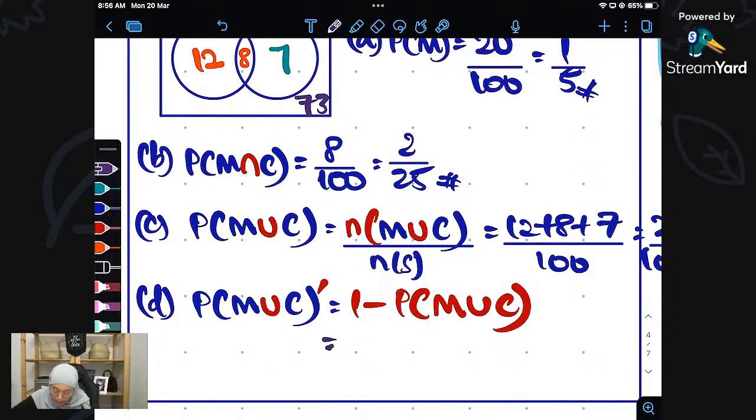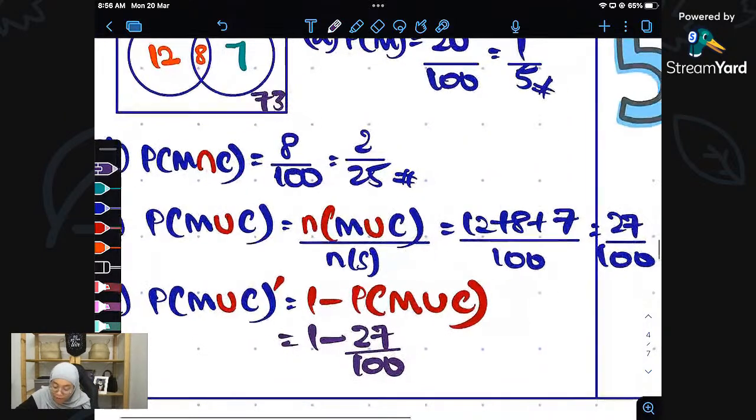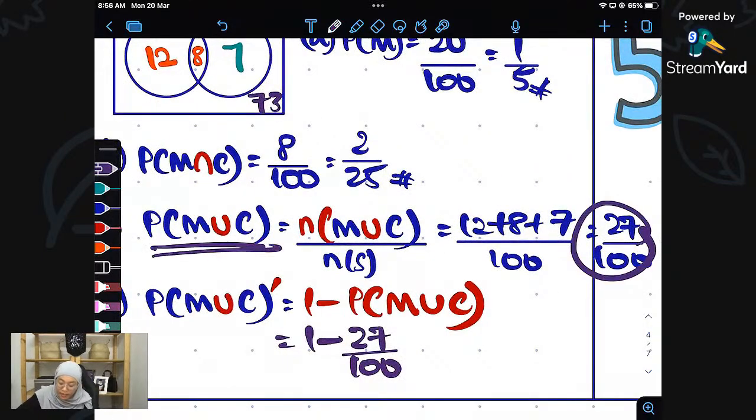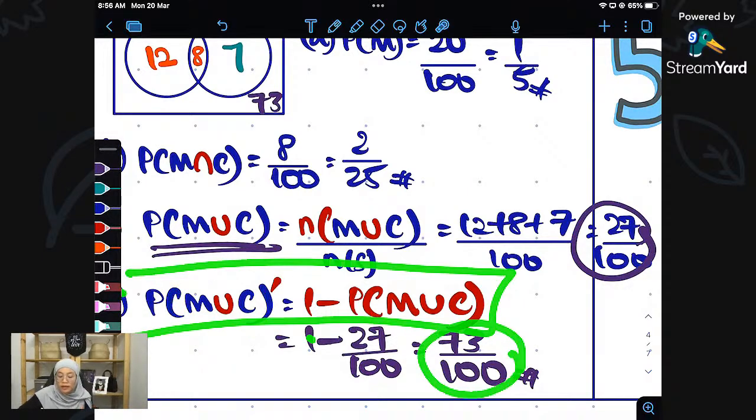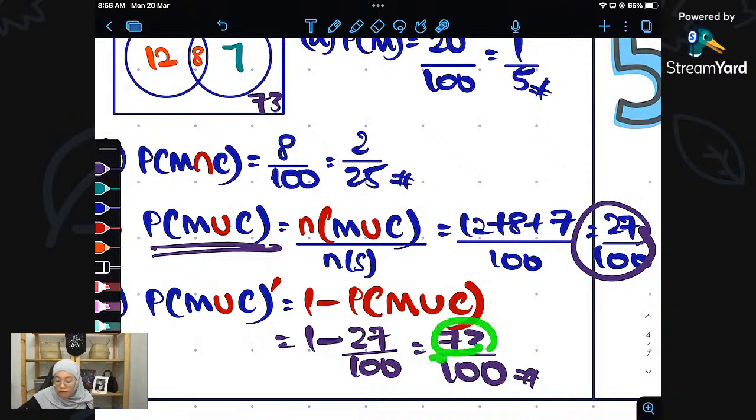And so the answer is just 1 minus 27 over 100 that you get from here, which gives you 73 over 100. Therefore, these are the ones that do not study maths and chemistry at all. That's why you have to use the complement event to get your answer, which is 73 out of 100 chance that people don't study maths and chemistry at all.